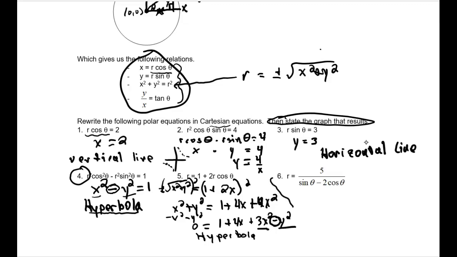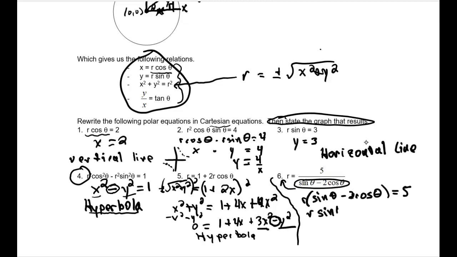Then, last but not least, number 6. To create some r's and sines together, we just want to take this denominator and multiply it over to the other side. So you'd have r times the sine theta minus 2 cosine of theta equaling 5.